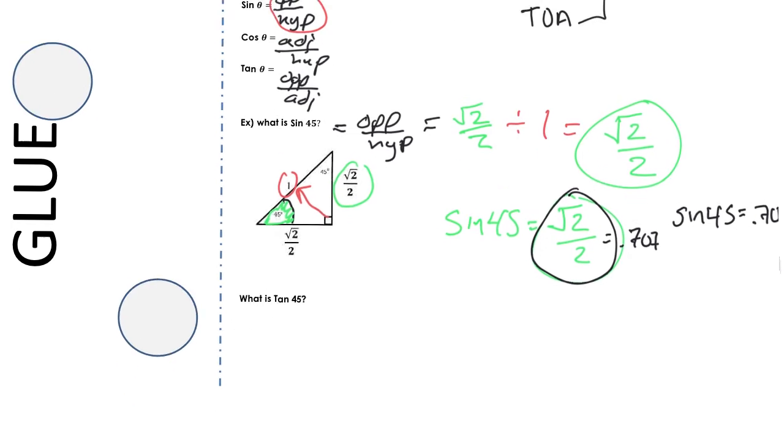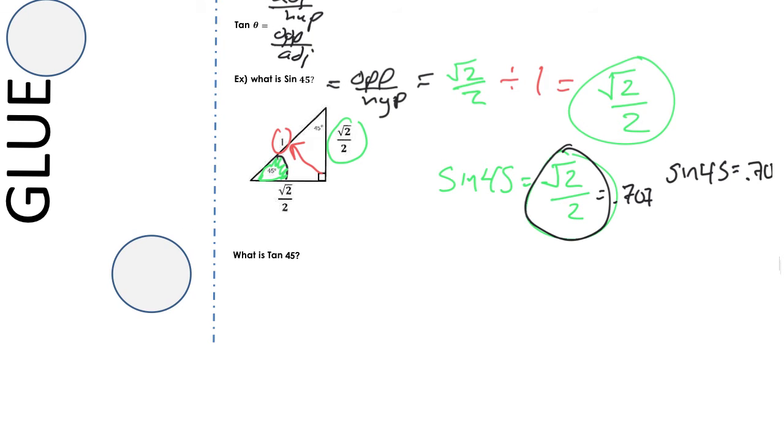So let's look at what is tangent of 45. Well, I know tangent is the opposite side divided by the adjacent. So if this angle is 45, this is my opposite. So square root of 2 over 2, the opposite, divided by the adjacent, which is next to that reference angle.